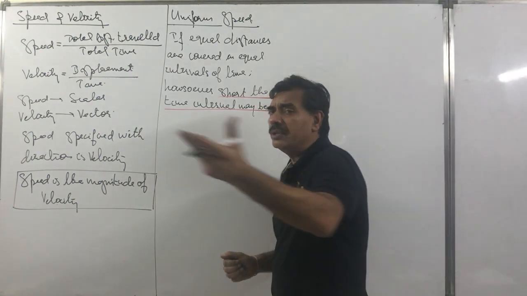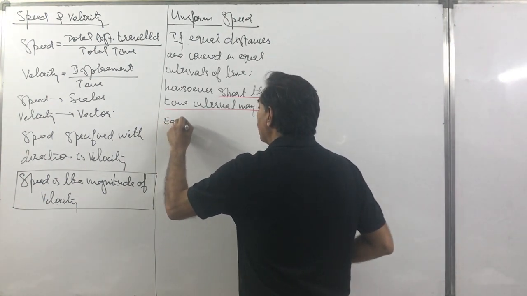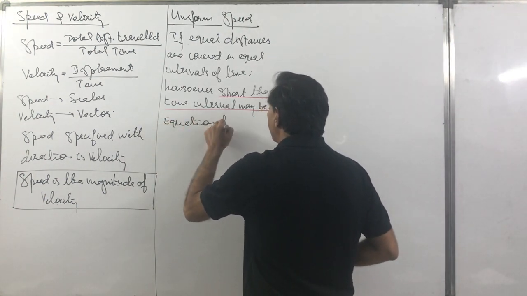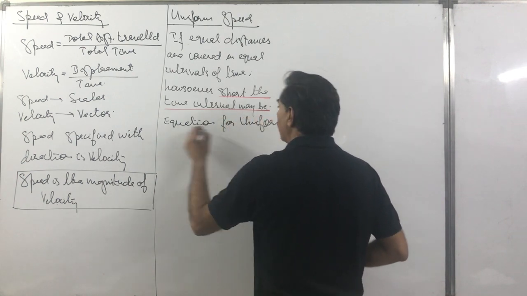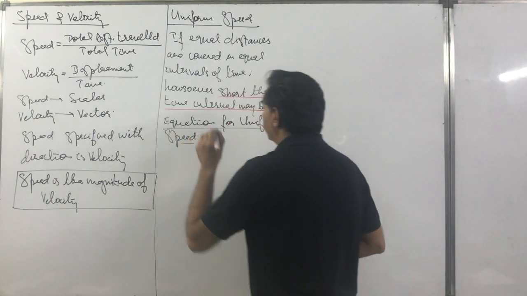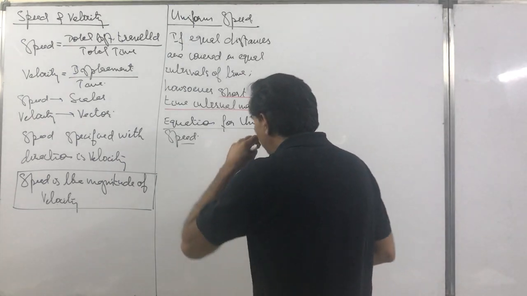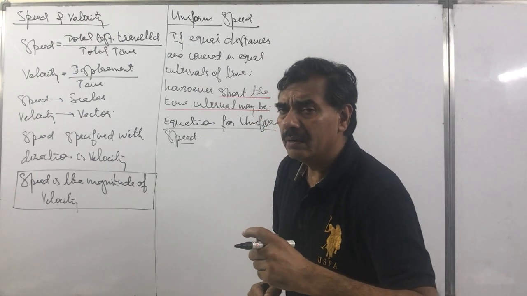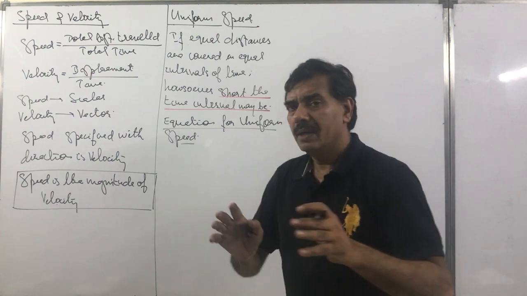Let's have an equation for a uniform speed. Suppose the particle is moving along a straight line with a speed v, right?